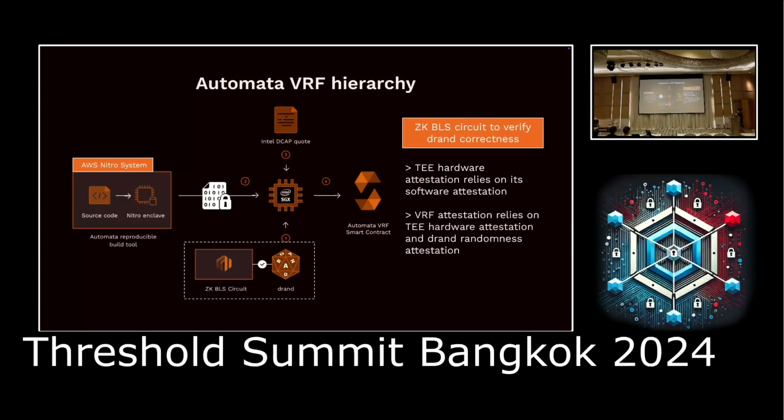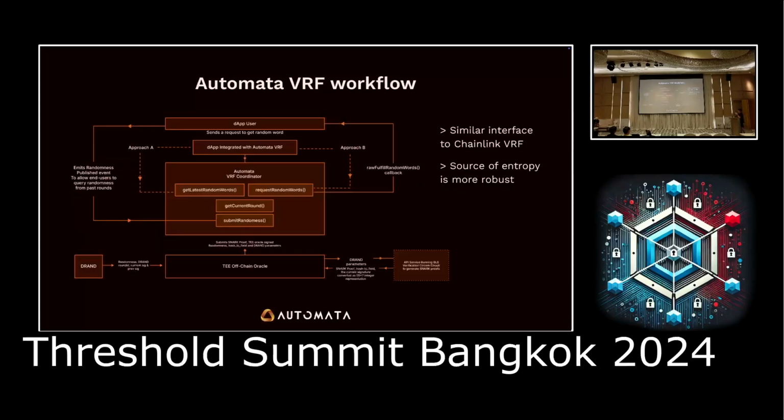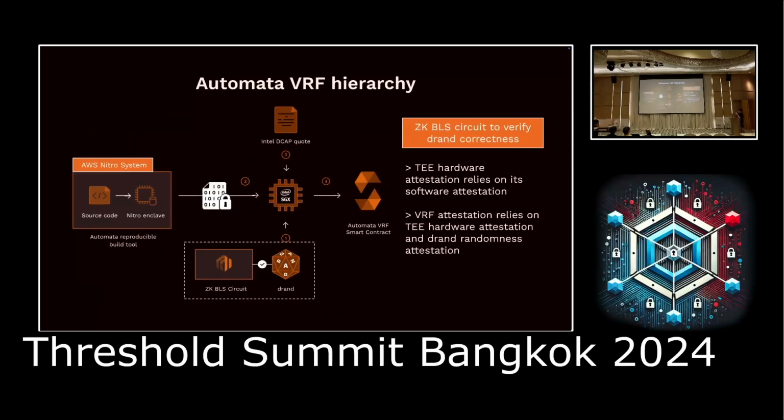And for the whole attestation hierarchy, as you can see in the graph, the TE hardware attestation relies on the reproducible build. So there is some dependency on such attestation layers, and in order to verify them step by step, we introduce the Automata attestation protocol to make it happen.